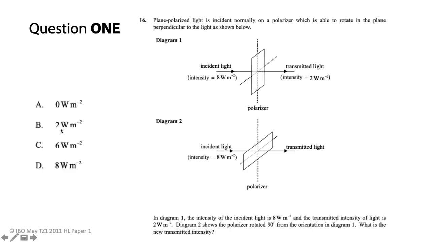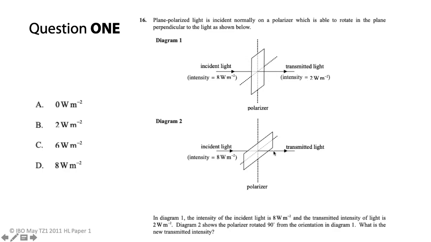Well, let's look at the possible answers, because this is a good example of a question where you don't have to do any maths, you just look at what the possible answers are. It can't be 0. A is impossible, because it's not already 0 or 8.